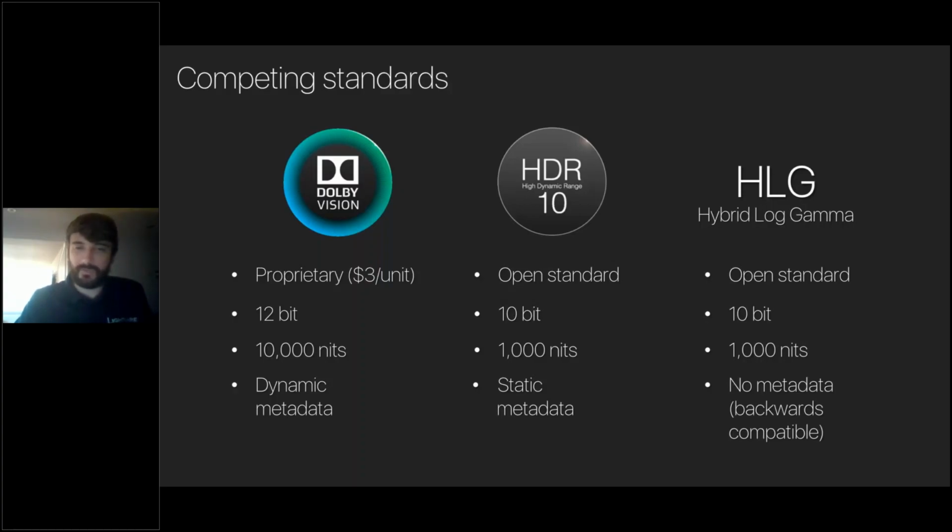HLG is really just modifying the electro-optical transfer function. So without going into too much detail, that's the way it is enabled with this backwards compatibility. However, there was a recent change, so HDR10 went to 10 plus, and what did they do? They basically copied Dolby and went to a dynamic metadata format.